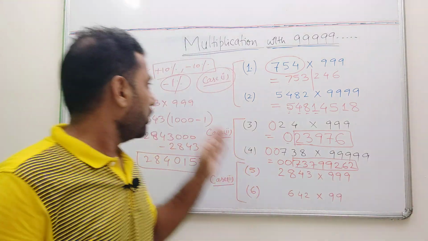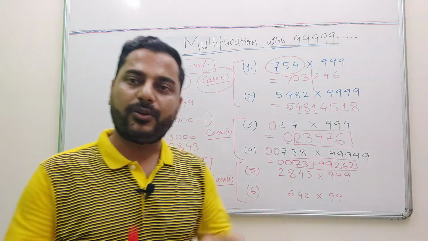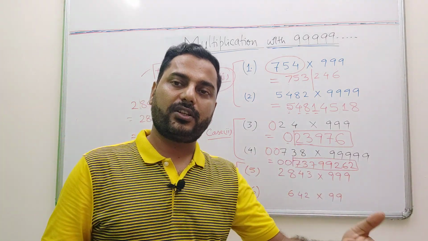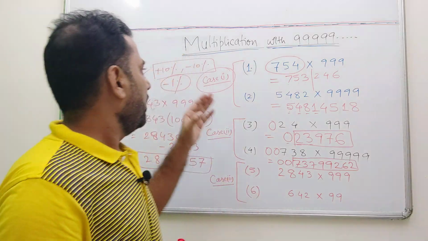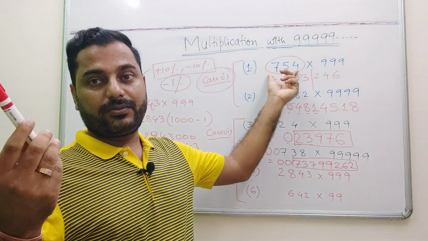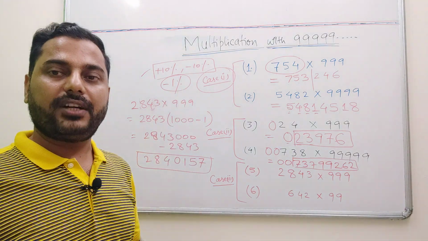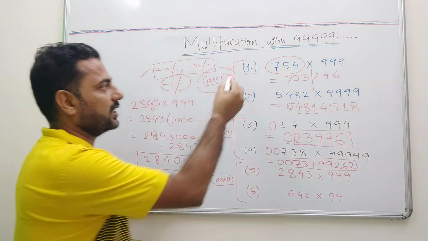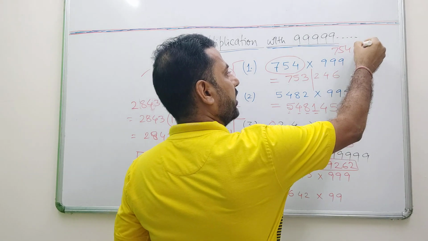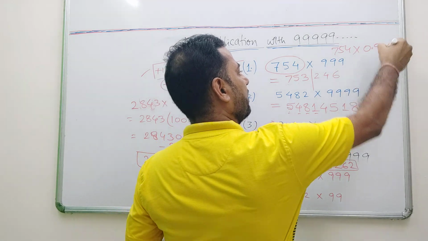Okay, second, if I have to decrease a given number by 1%, now comes the role of the multiplying factor. So 754 is the price of the marker, and it is decreasing by 1%. Now the multiplying factor says that we just have to multiply 754 into 0.99.